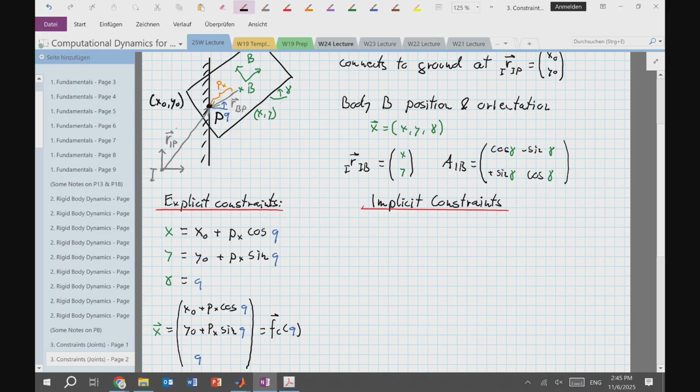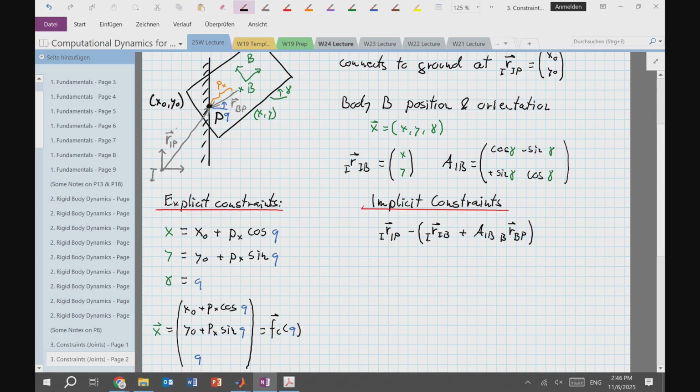One way to do this is to say that the position of our hinge from the perspective of ground, given as RIP in I coordinates, should be equal to the position of the hinge from the view of the door. And from the view of the door, that is RIB in I coordinates plus the contribution of this vector RBP, which is given in body fixed coordinates.